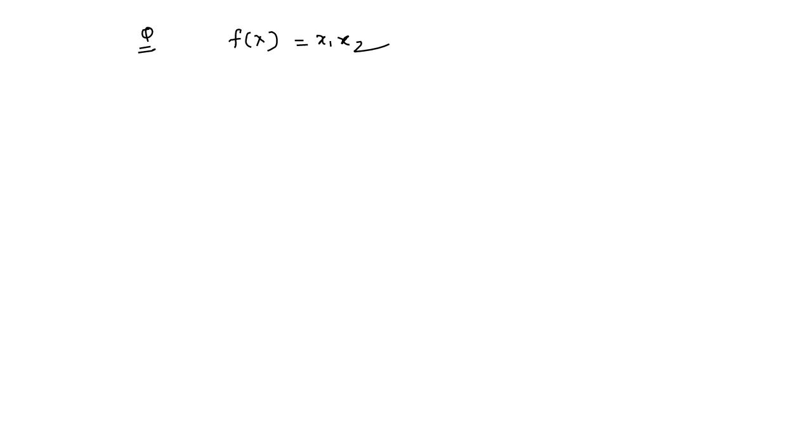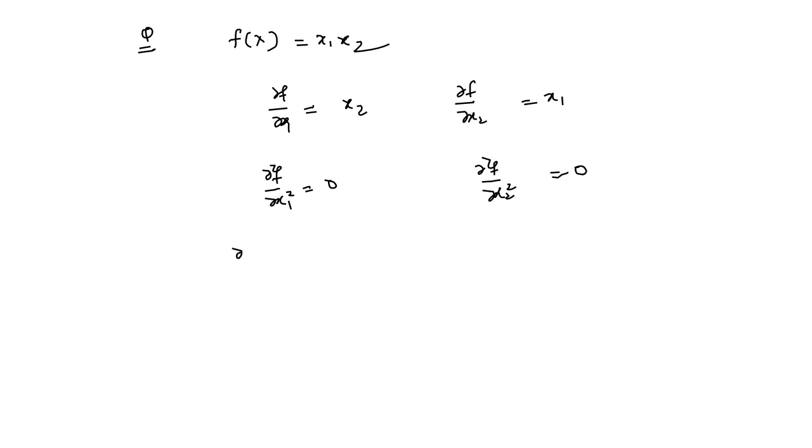Same as before, we obtain del f upon del x1 gives us x2, del f upon del x2 gives us x1, and del square f upon del x1 square is 0, del square f upon del x2 square is also equal to 0.